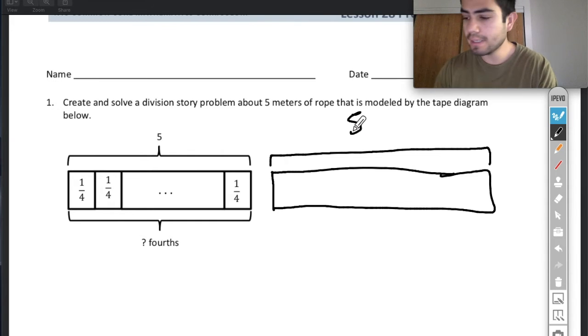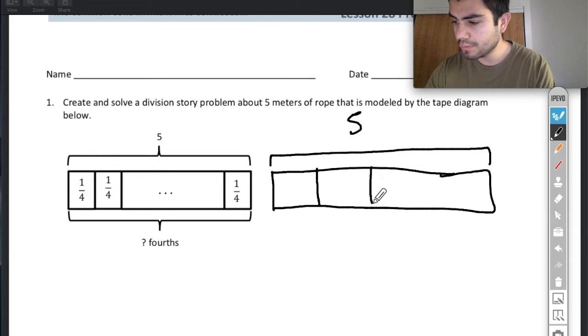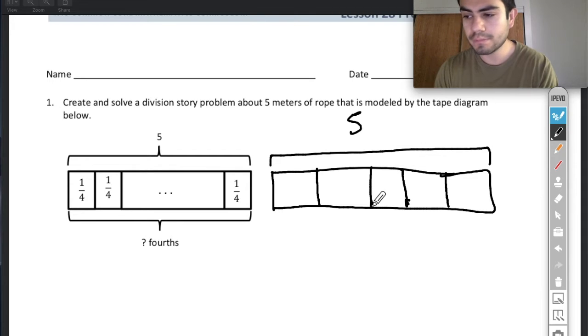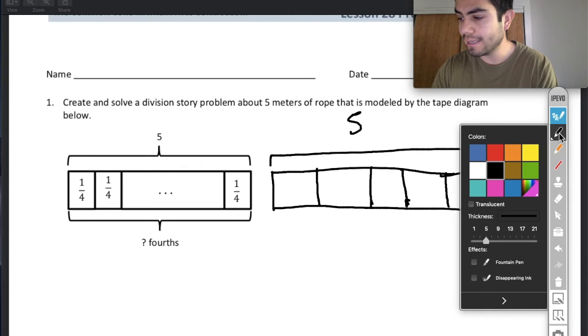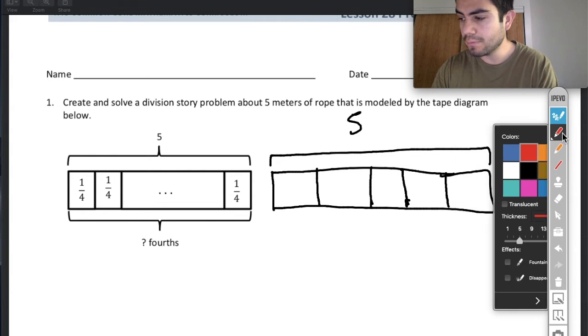And how we would show 5 wholes is like this: 1, 2, 3, 4 cuts gives us 5 wholes. Okay. Now, I'm sorry, they're cutting it into fourths. Okay, so now these 5 wholes are going to get cut into fourths.